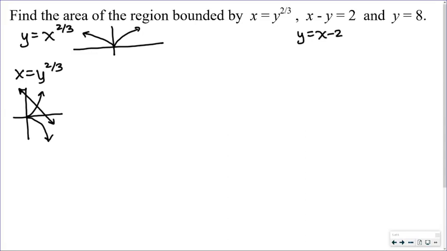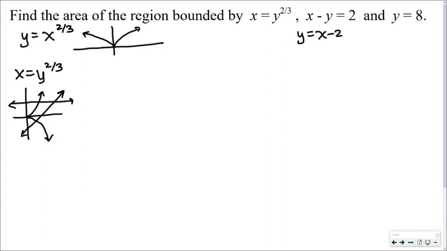Oh, I knew something seems wrong there. -2 is the y-intercept, so it's going to be like that. There we go. And then y equals 8 is like that. Okay, so now I've got an idea of what's what here.